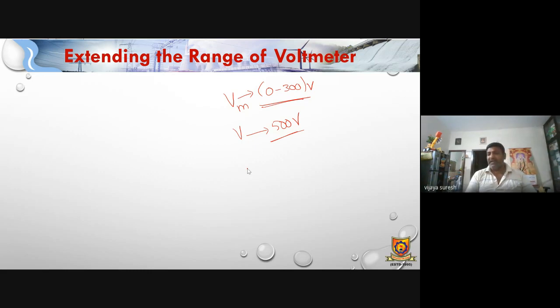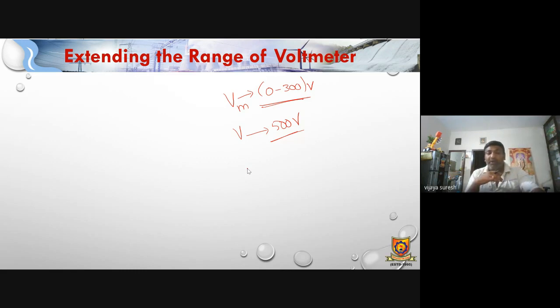Of course not, because the meter will measure a maximum of 300 volts. The remaining 200 volts it is not able to measure, so we have to allow only 300 volts to the meter. It is not going to work beyond the range of values.